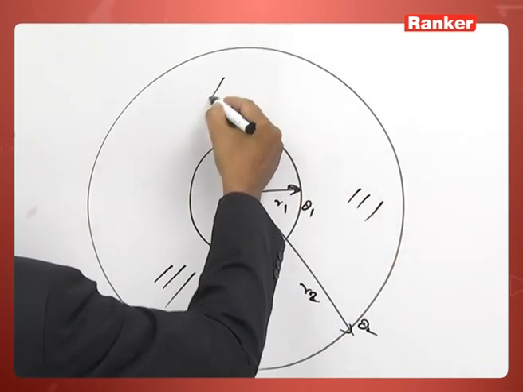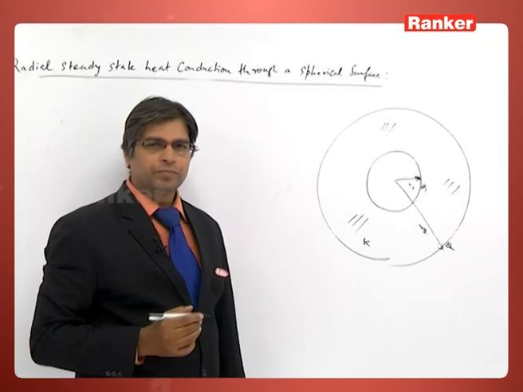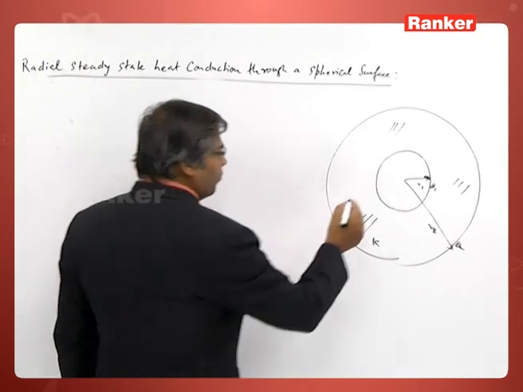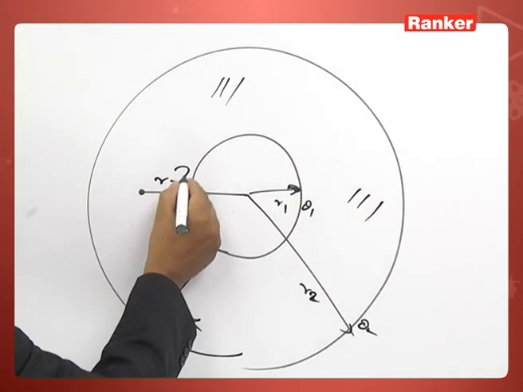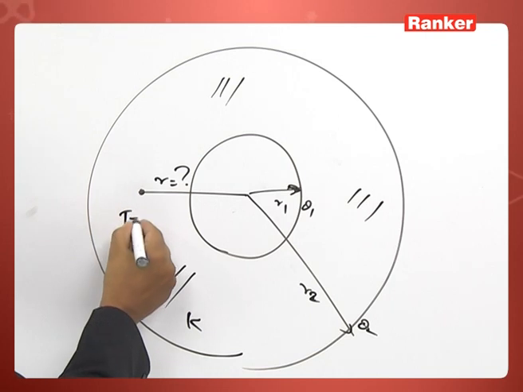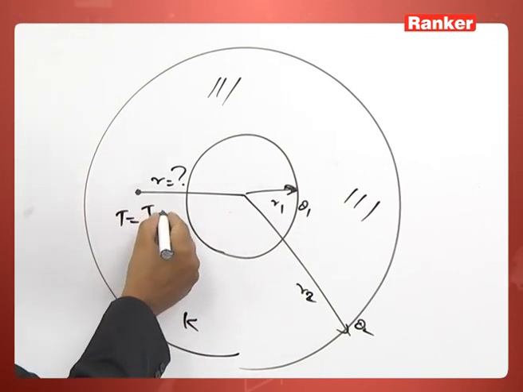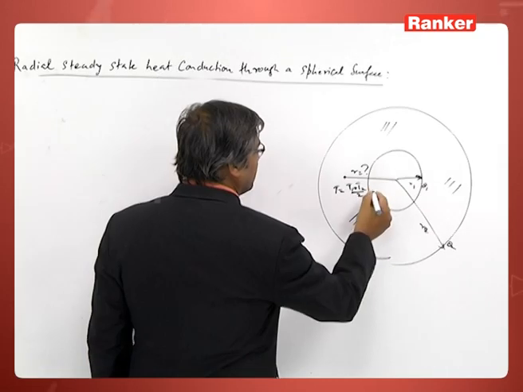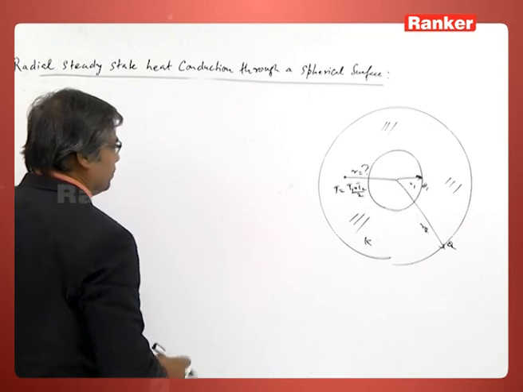This is the conducting medium of conductivity k. Now, find the radial distance R at which the temperature is the average of the temperatures θ1 and θ2.